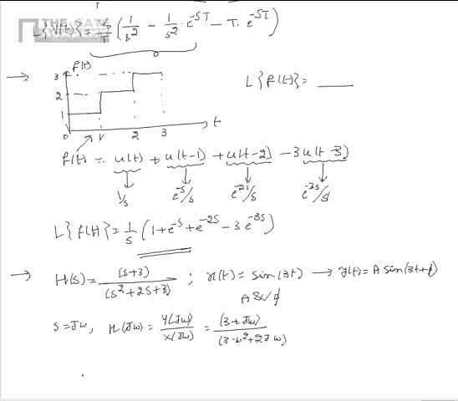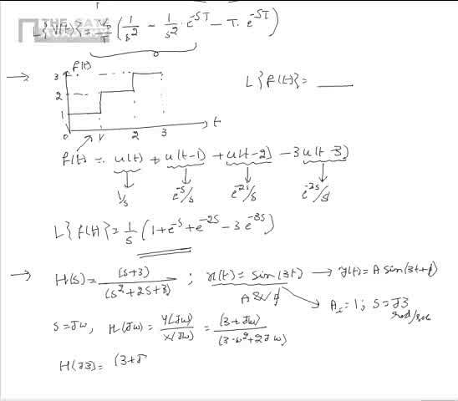Here it is given that the input is x of t is equal to sine 3t. So the magnitude of the input Ai is equal to 1, and the frequency is s is equal to j3 radians per second.